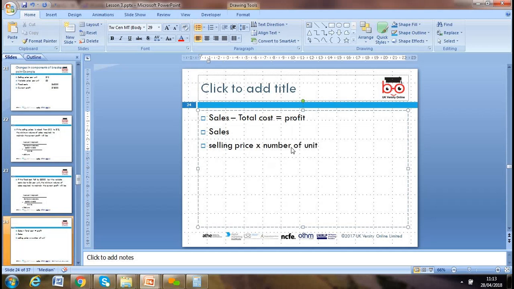So how many units are we selling? That's 23. Then minus total cost.